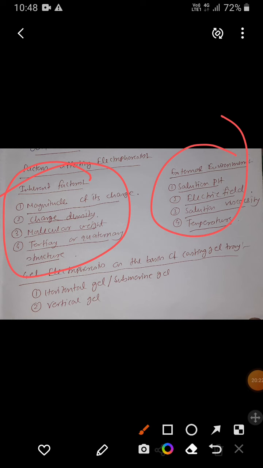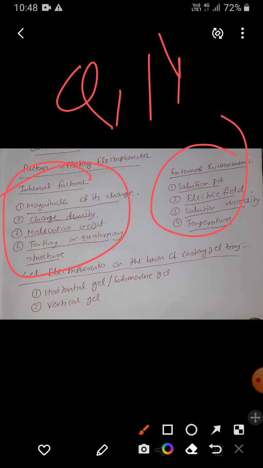Very important inherent factors are magnitude of the charge, molecular weight, shape, that is quaternary or tertiary, and charge density. And the external factors are solution pH, viscosity, temperature, and electrical field.